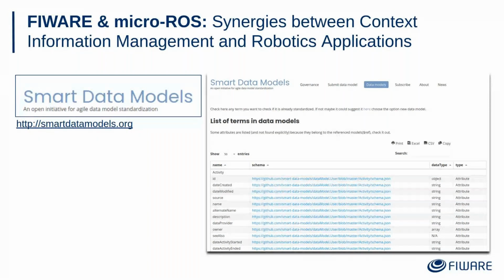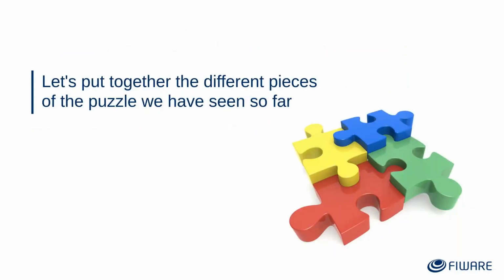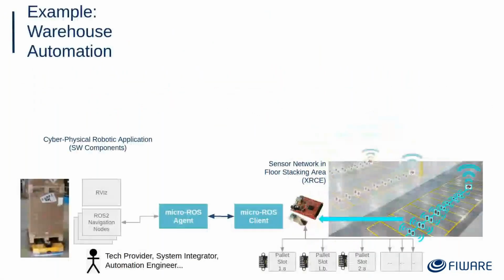But let's put together the different pieces that we have seen so far. Let's consider the following example. We have the objective of automating some warehouse operations.